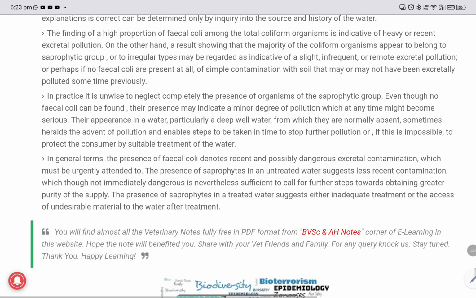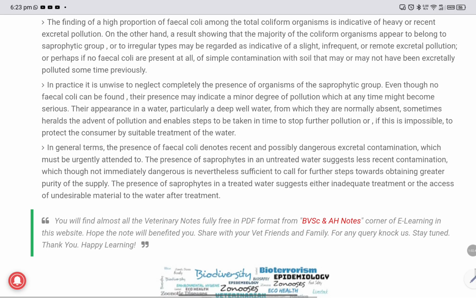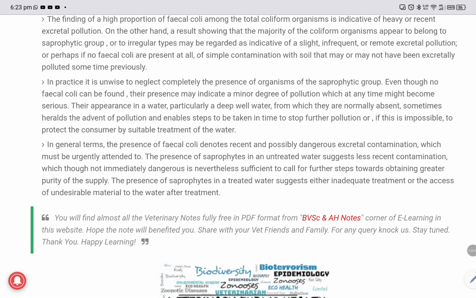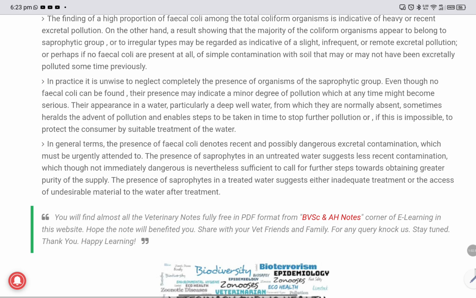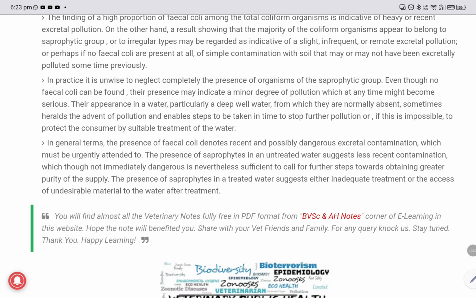In practice, it is unwise to neglect completely the presence of organisms of the saprophytic group, even though no fecal coli can be found. Their presence may indicate a minor degree of pollution which at any time might become serious.